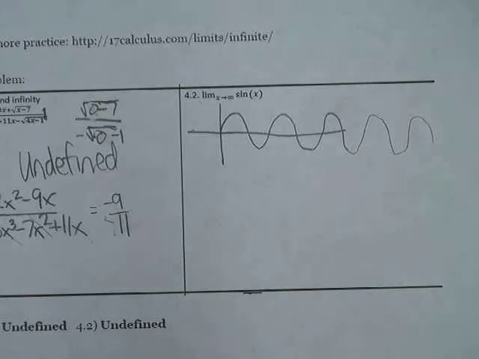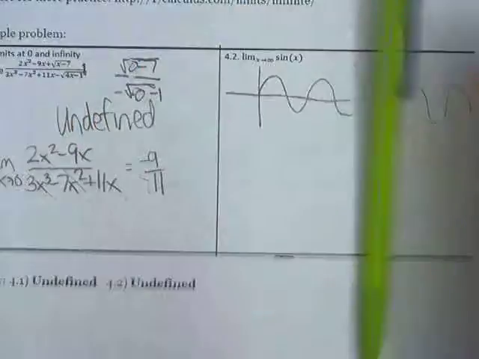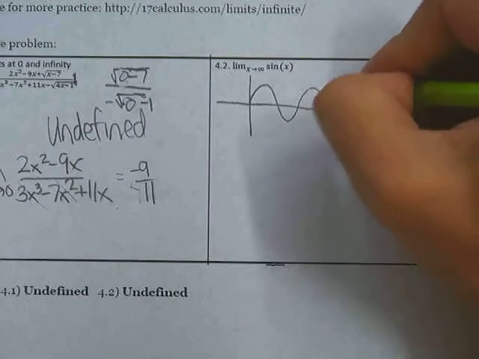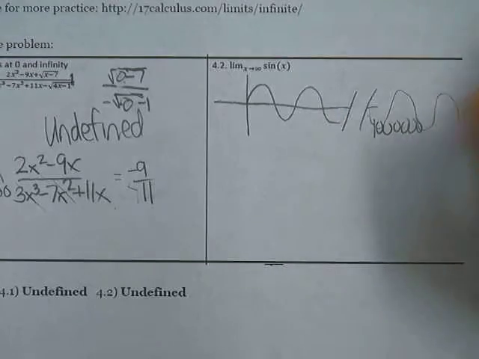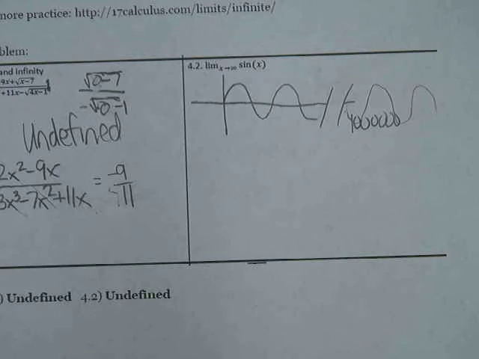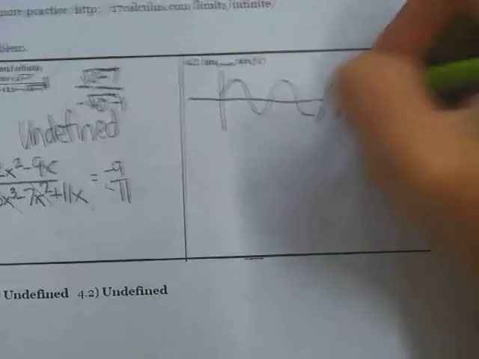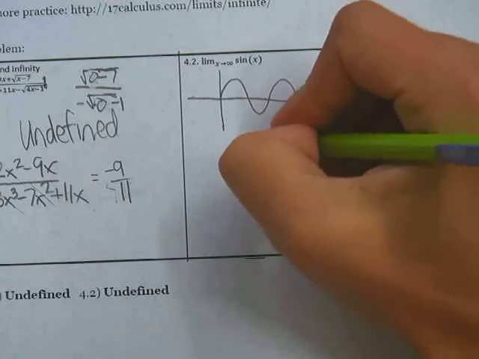So as you go out to infinity, like we could skip, you go like this, and then this is up at like a million. It's still just going up and down like a sine function does. So this never converges. It's always going to be between negative 1 and 1. It's always going to bounce between them. So this one's also undefined.